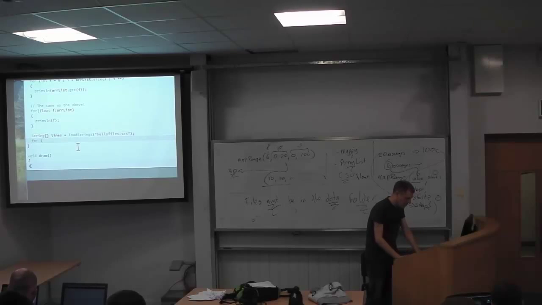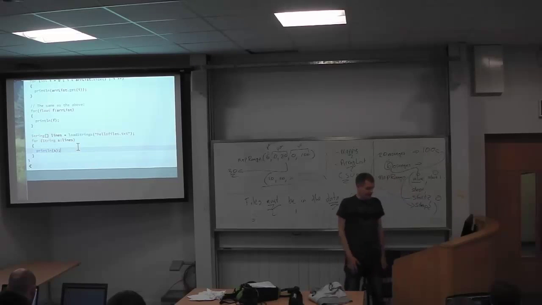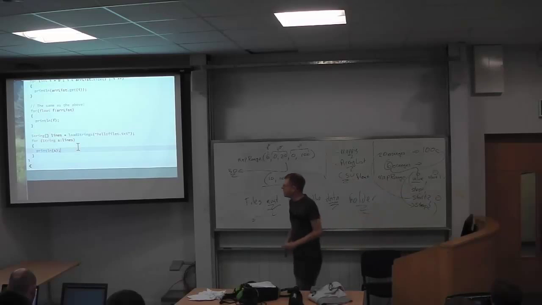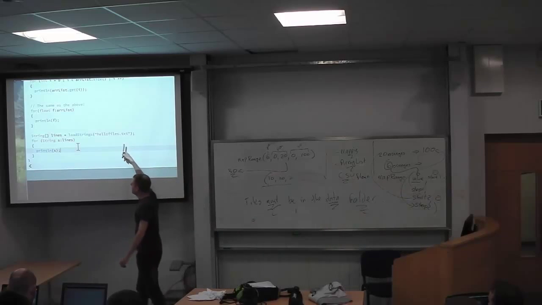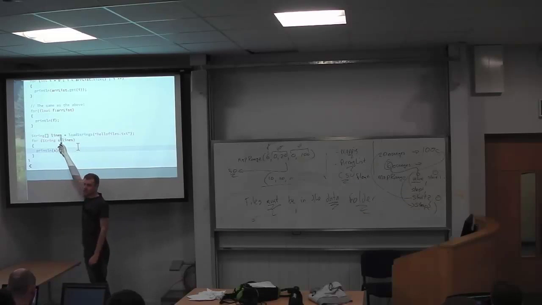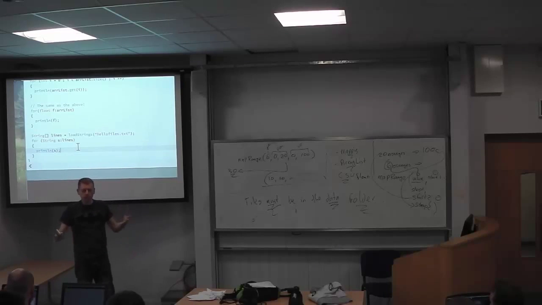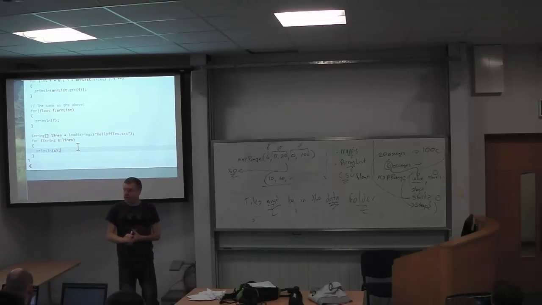So we'll do a for each loop, why not? For string s colon lines. Now look very carefully at this for each loop. Lines is a string array, so I don't know how many lines are in that file. If there's 100 lines, there would be 100 elements in that string array.